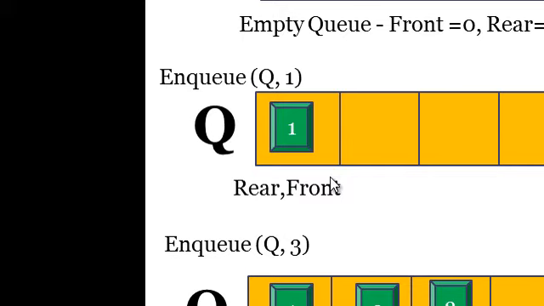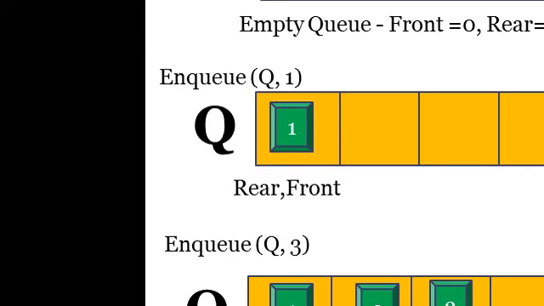But since it is the first insertion, the first element that got inserted in the queue is the possible candidate for leaving the queue first. So front is also updated to show this condition.